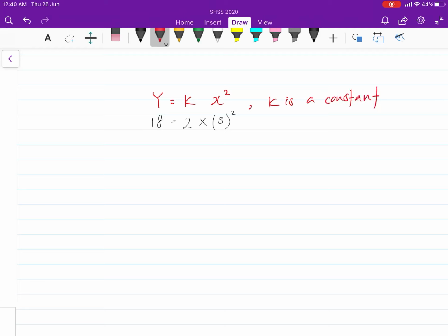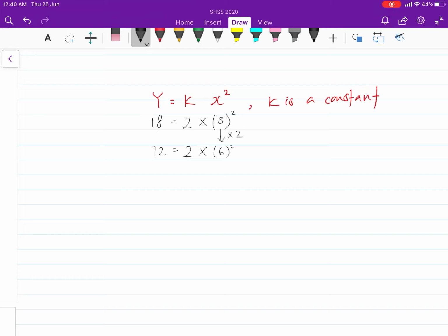Just want you to do some observation. Now, of course, k is constant, k will remain the same too. What if I increase my x by 2 times? Which means this becomes 6 squared. If you press your calculator, 2 times 6 squared is actually 72.